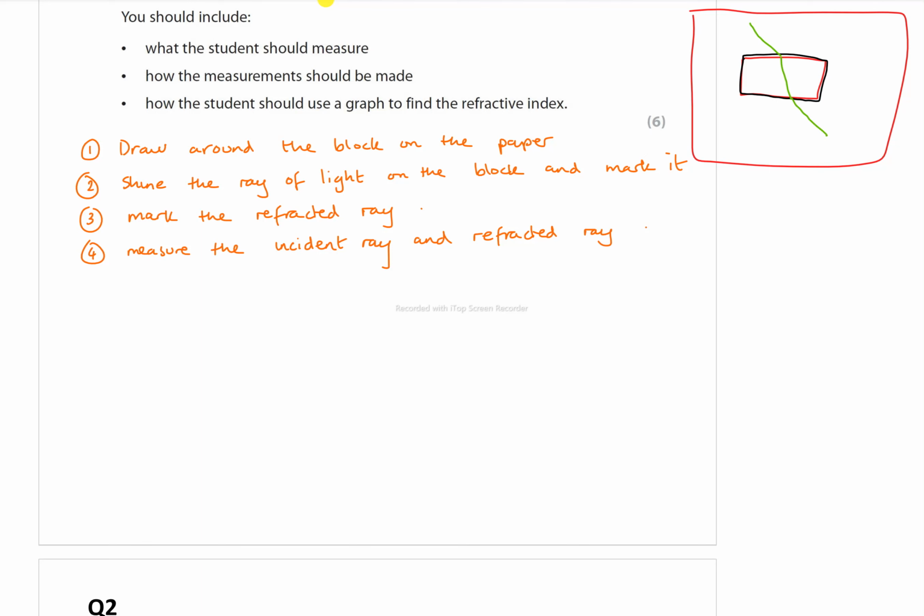So then what I do is, there's the normal. I'm going to mark this point and this point and draw a line. I'm going to mark this point and this point. I'm going to remove the block. So if I delete that, I'll see what it'll look like. So just stay with me. I've removed the block.